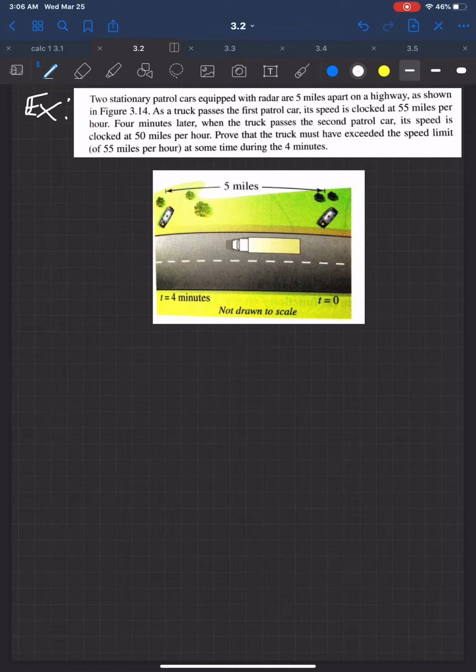Let's collect some information. So let's look at our time. At time 0, let's establish that the distance is 0, because that's the first police officer clocking this truck driver.